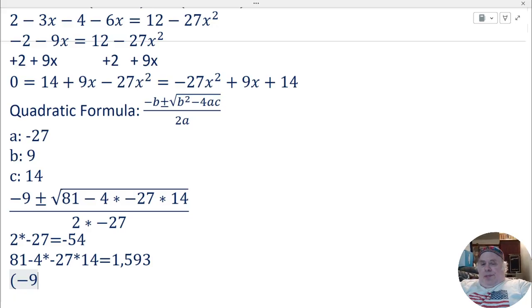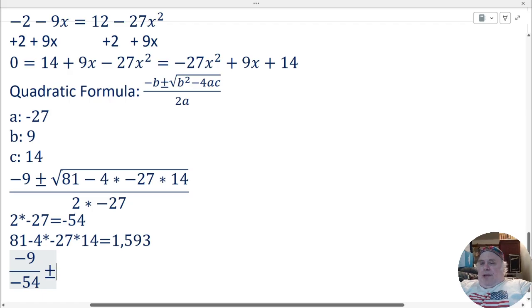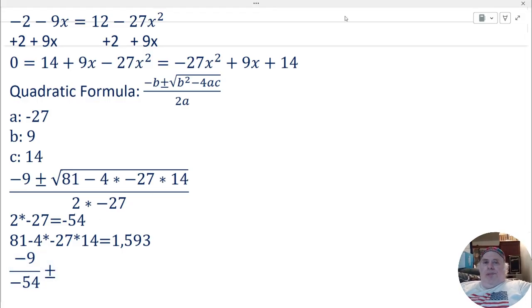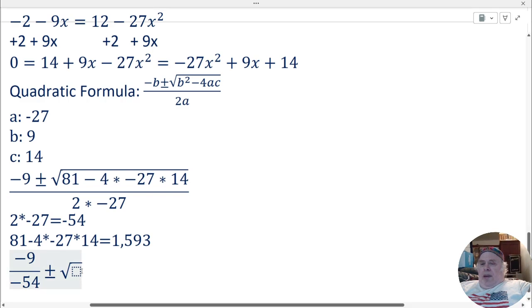Divided by minus 54, plus or minus the square root of 1593.